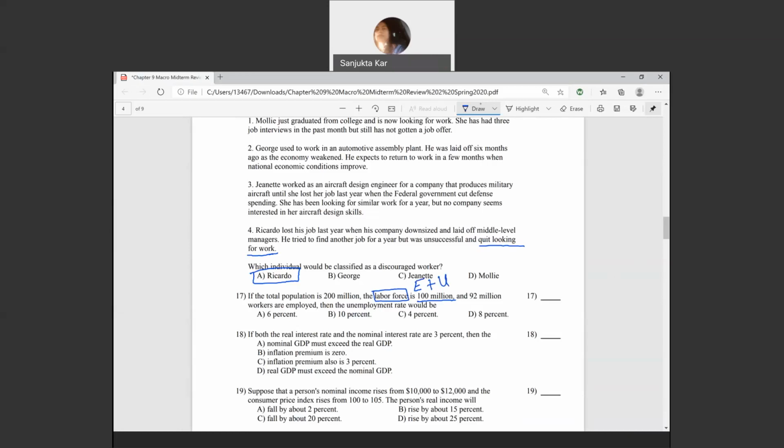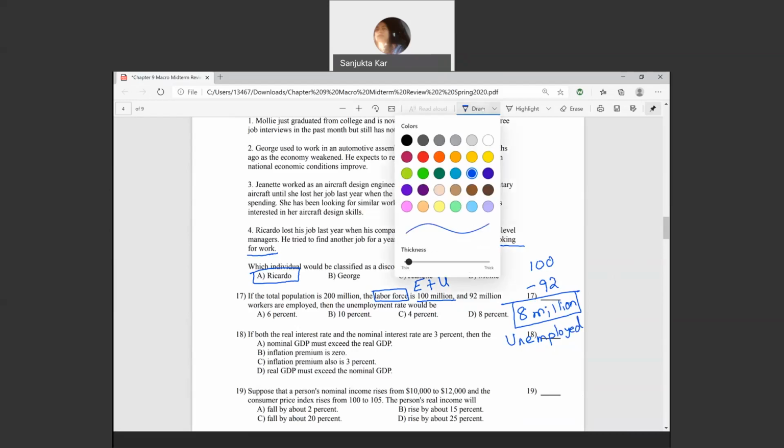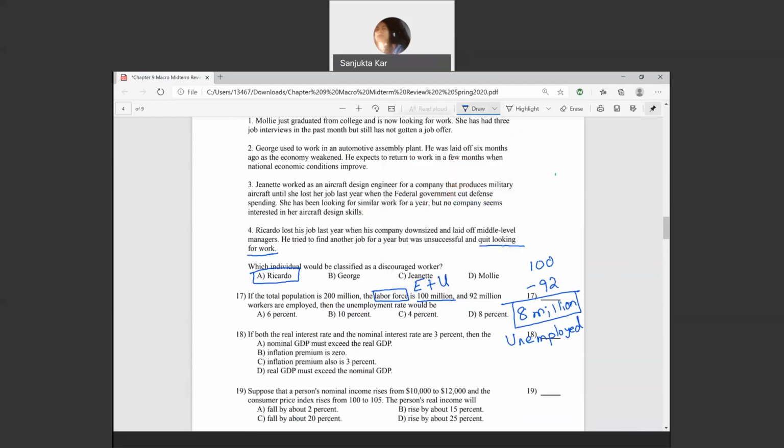So out of 100, 92 are employed. So the rest of the people, 8 million, are unemployed. But they are really asking us to calculate the unemployment rate.